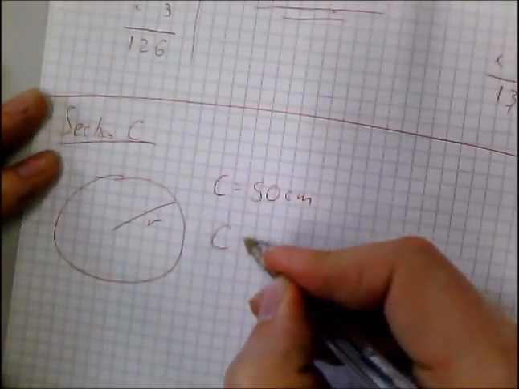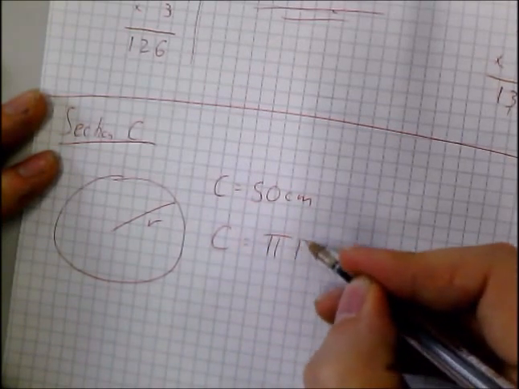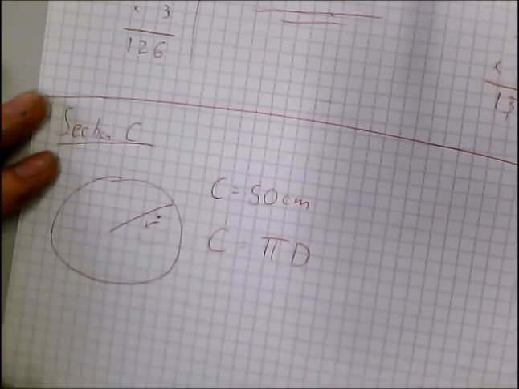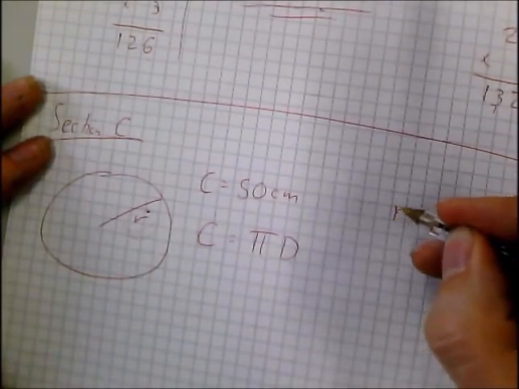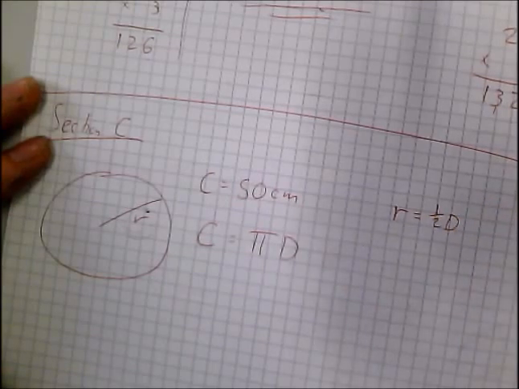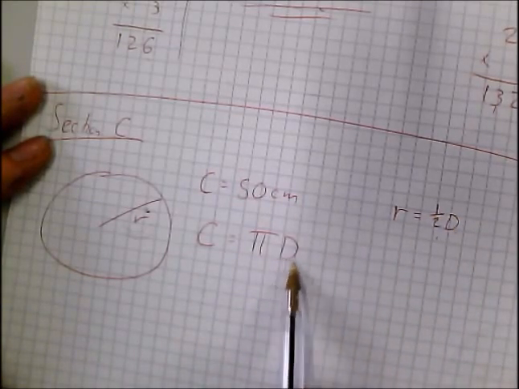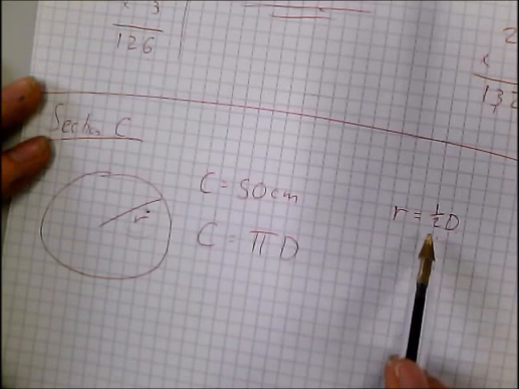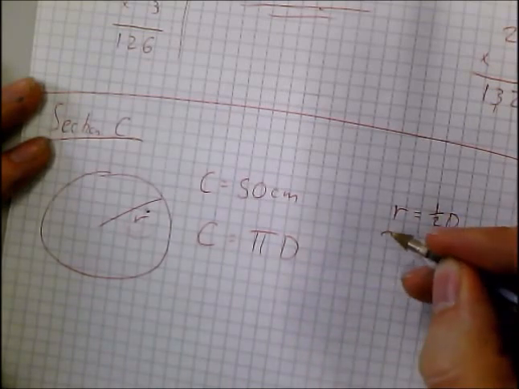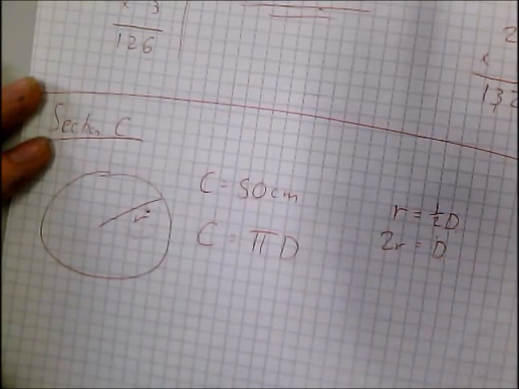So we've got C equals pi d. I want it in terms of the radius. I know that the radius is half the diameter, or 2 lots of the radius gives me the diameter.